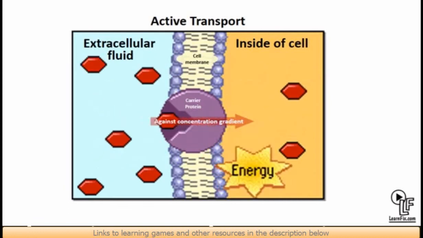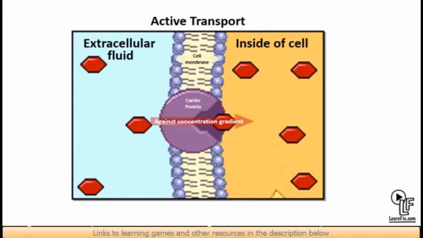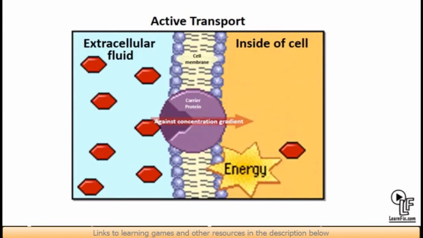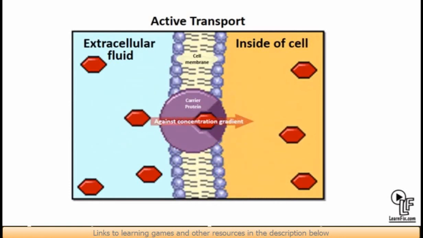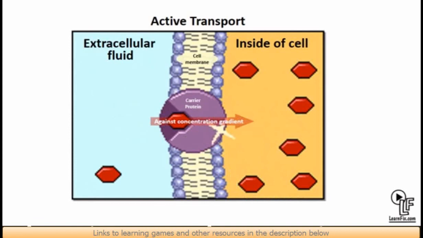The process uses energy, and it's used so that transport can go against the concentration gradient. The energy is needed to change the shape of the protein, to make it move the solute through the membrane.